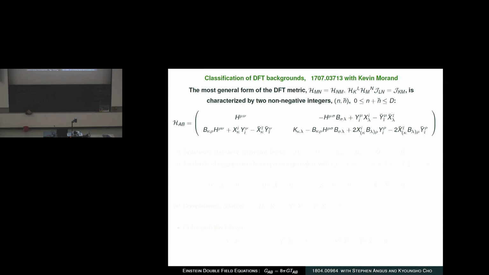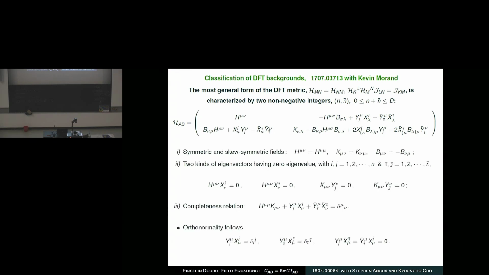So what we did is take the generalized metric, focus on this d by d block, which we call capital H, and we classify any possible degeneracy over this d by d block. So basically, n plus m bar is the dimension of the kernel of this d by d matrix H.